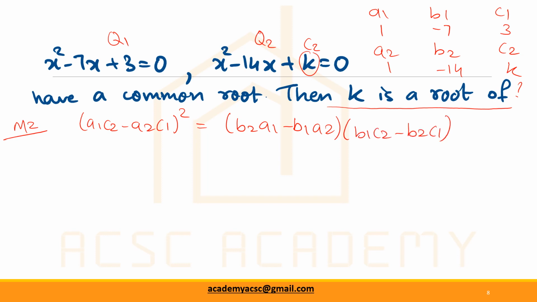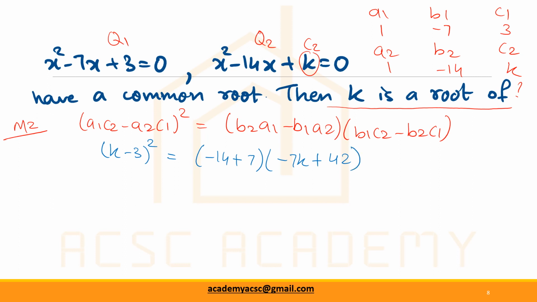And in this relation we will now substitute all the values and we will be getting (k minus 3) the whole squared equal to (minus 14 plus 7) times (minus 7k plus 42).